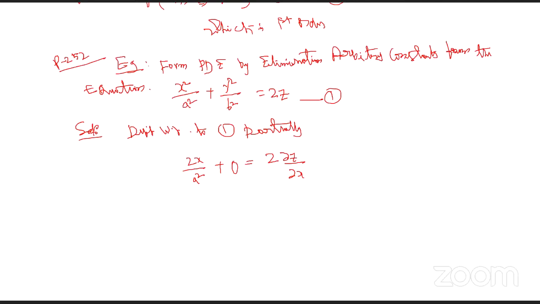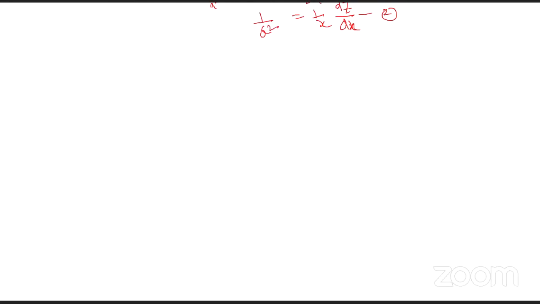So these two get cancelled: 1 by a square equal to 1 by x dou z by dou x. Equation number 2.